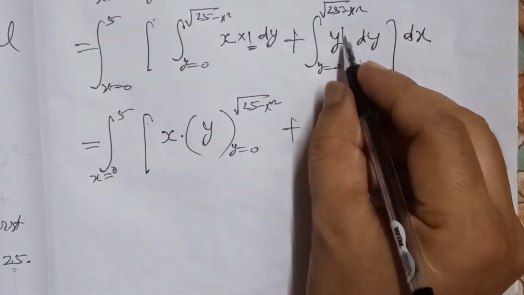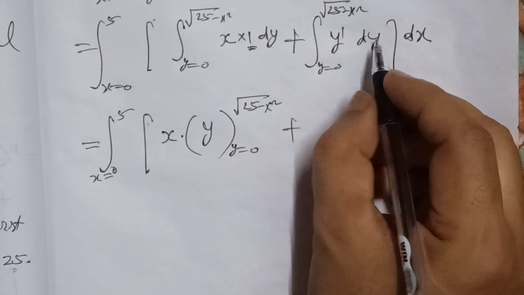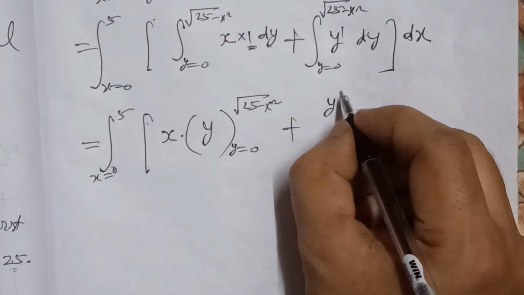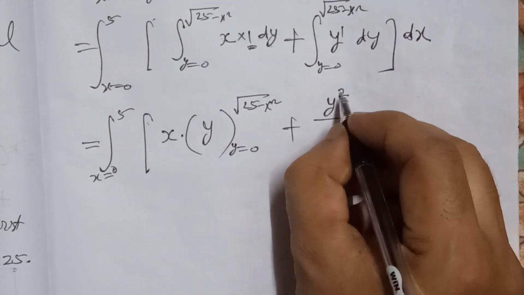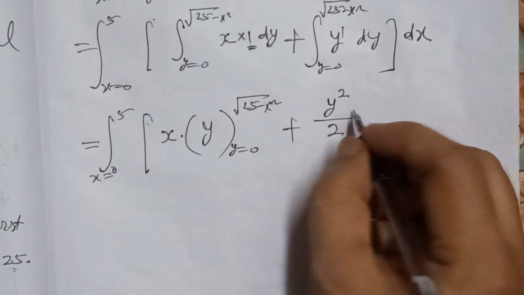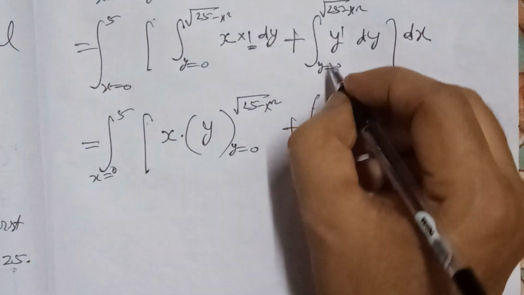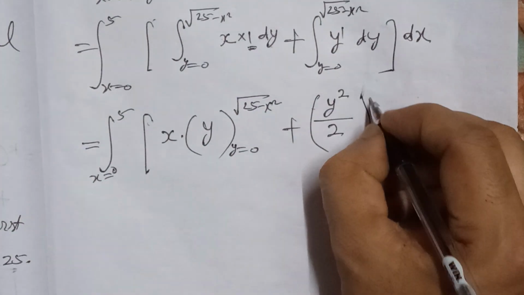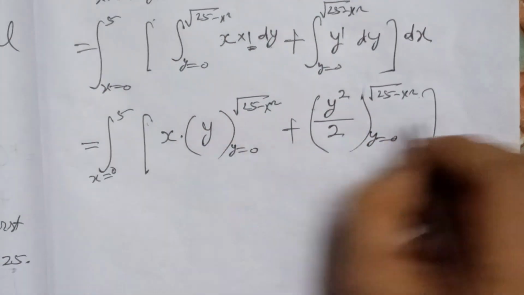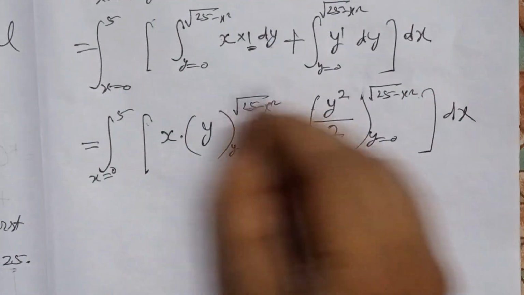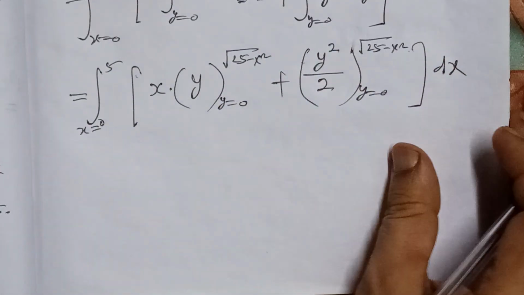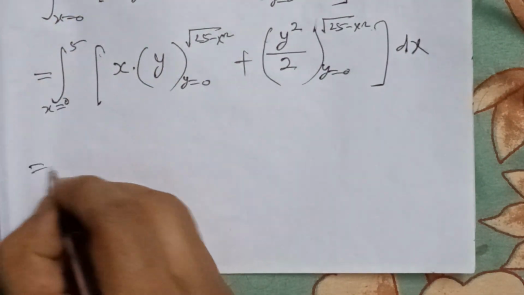Integration of y to the power 1 with respect to y is the power added by 1 becoming 2, and also divided by 2 according to the formula. The limit of this is also y is equal to 0 to square root of 25 minus x square. After solving this, we integrate with respect to x from 0 to 5.